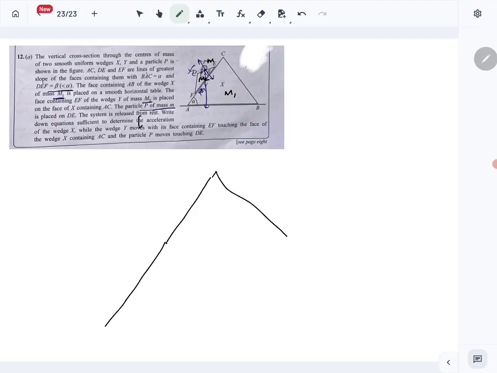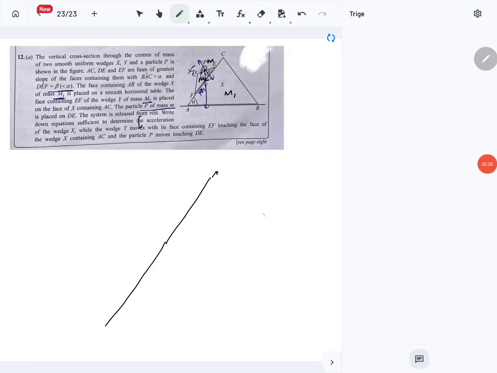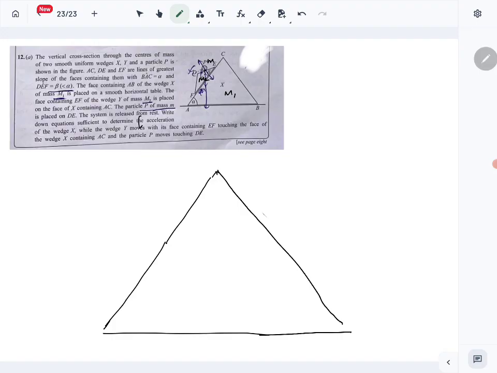Draw a diagram so that you can easily see the angles correctly. Here is our wedge X, A, B, C. We'll mark this angle alpha.